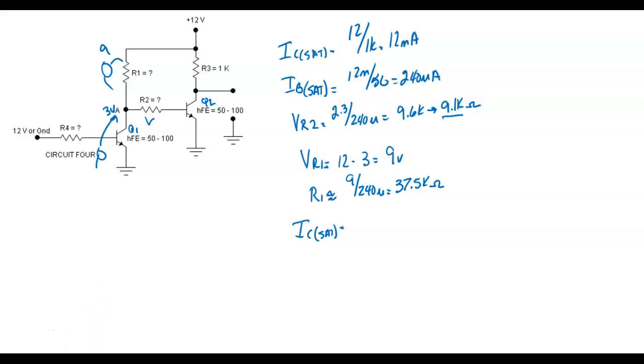So IC sat for Q1 is going to be what? And how'd you come up and get that? When we saturate it, R1's going. So the way this works, guys, is that when this guy here saturates, we get 0 volts right there. So what would Q2 do? Would it be on or would it be off?